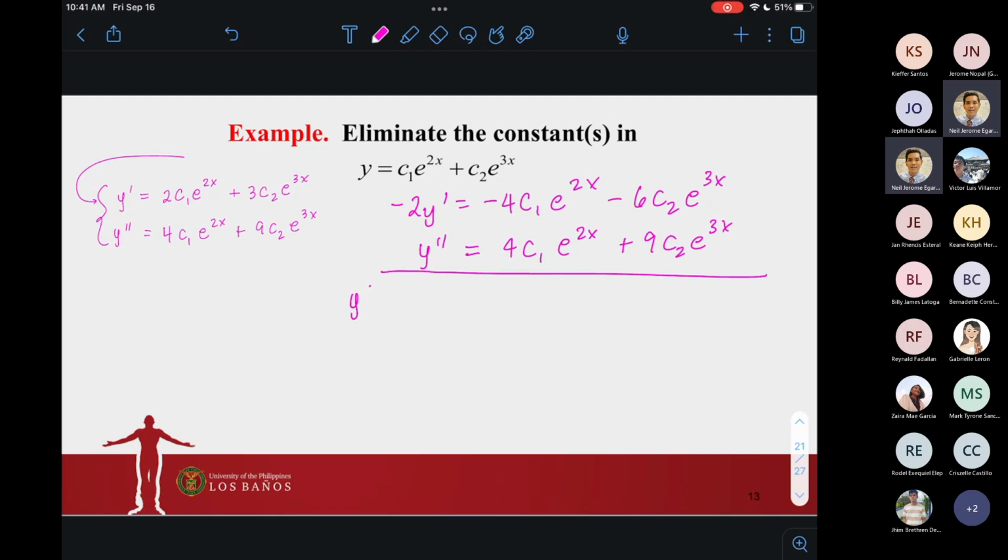So I'm going to get y double prime minus 2y prime equals, that's the reason why I multiply the first equation by -2 para makancel yung first term. So the term with the C1 will vanish and we'll be left with what? 3c2 e to the 3x. All right? And then I'm going to solve for C2 in terms of all the other expressions in this equation. So we'll get C2 equals y double prime minus 2y prime all over 3e to the 3x.